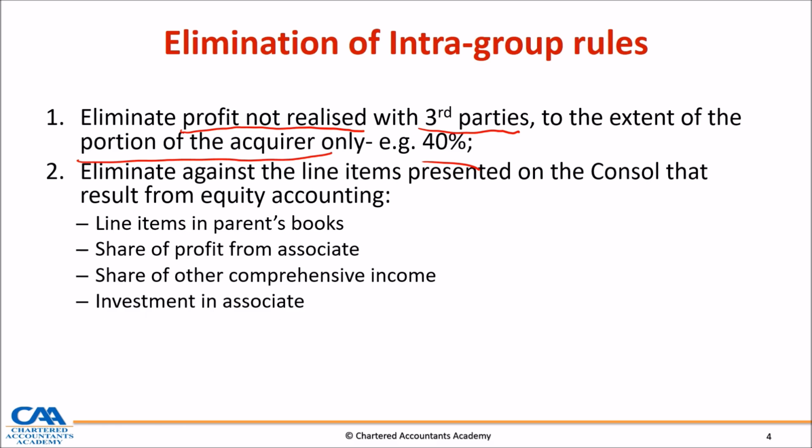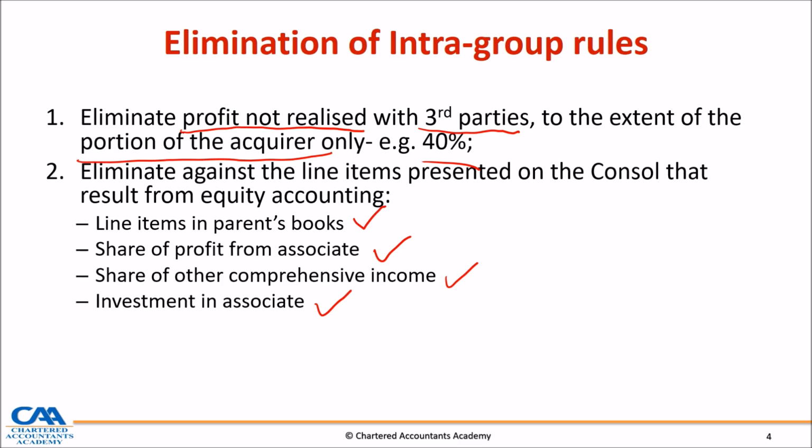Then rule number two is, when you are eliminating, you need to eliminate against the line item which has been affected. When you're using equity accounting, obviously there is share of profits which is affected, or share of other income, or it is the investment itself which is affected. But also in my books, there are certain line items which may have been affected.